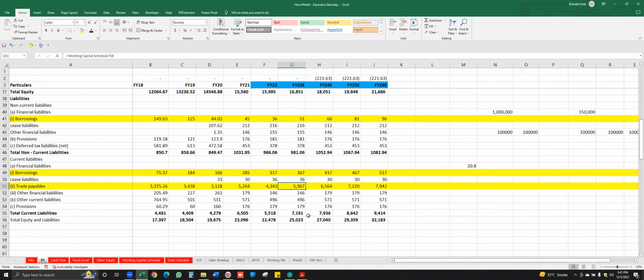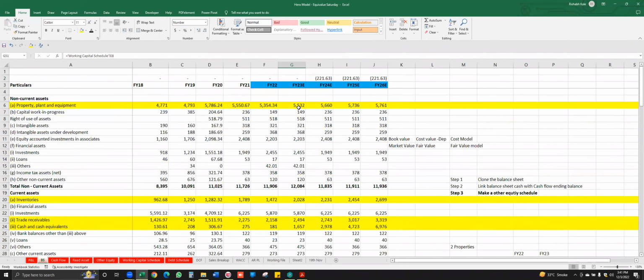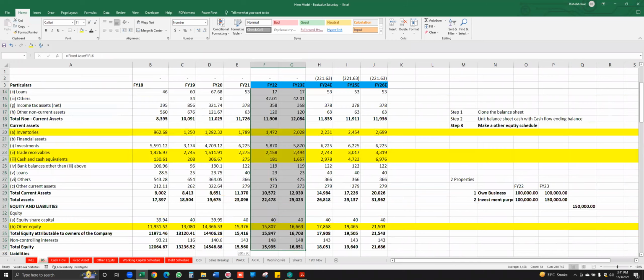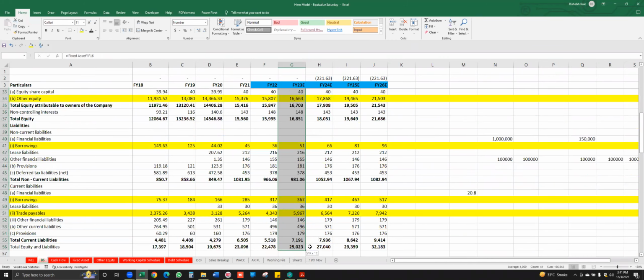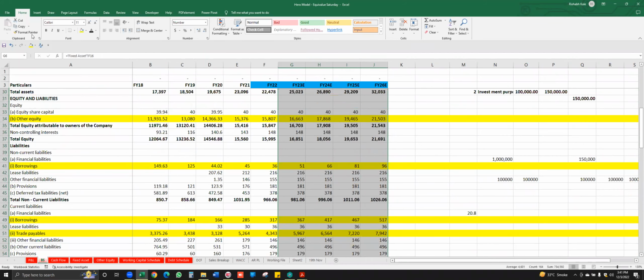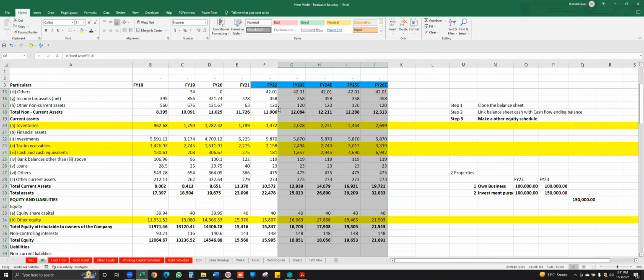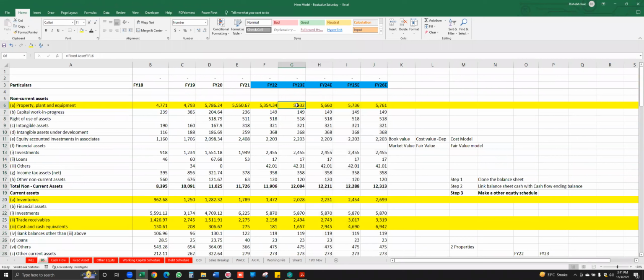Whatever things I have changed, I have just linked it again because my cash flow is already linked. What I've done over here is I have again linked all the numbers properly from my fixed assets. It was already linked over here, I've just copy pasted it. Yeah, my balance sheet tallies.